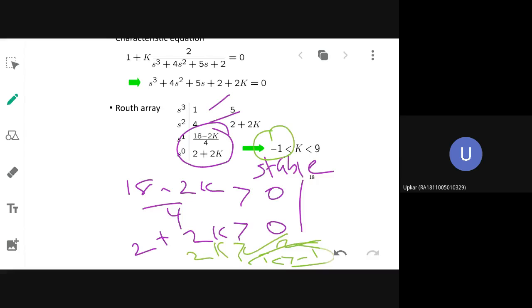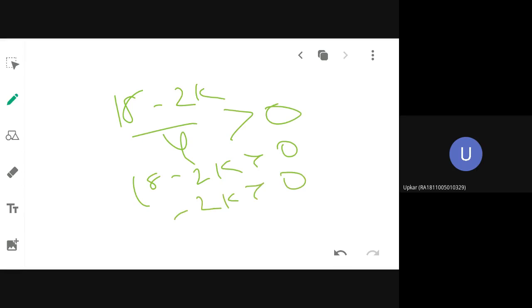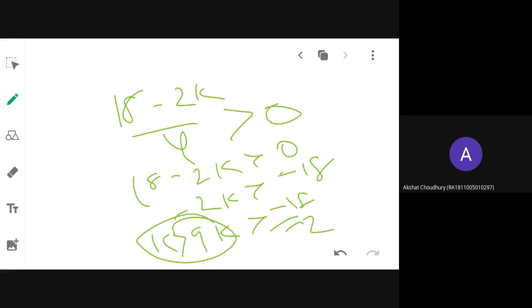What about this condition? 18 minus 2k divided by 4 should also be greater than 0. 18 minus 2k is greater than 0, so minus 2k is greater than minus 18. So K is greater than minus 18 divided by minus 2. So K should be greater than what value? 9. K should be greater than 9.